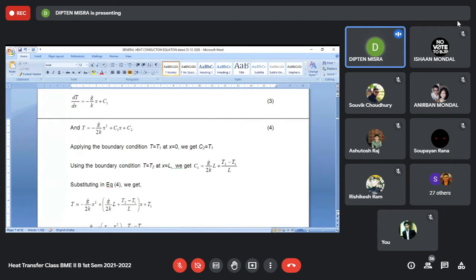So if we put the values of C1 and C2, the complete solution for T comes out as T equal to minus g dot by 2k x square plus the C1 value, that is g dot by 2k into L plus (T2 minus T1) by L, into x, plus C2, which has already been obtained as T1.